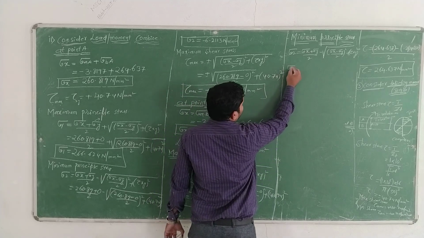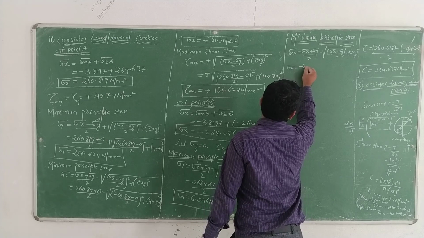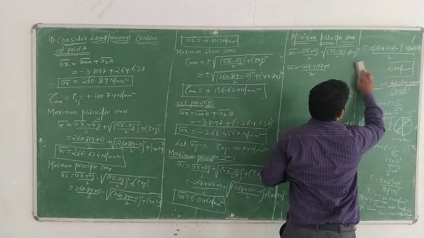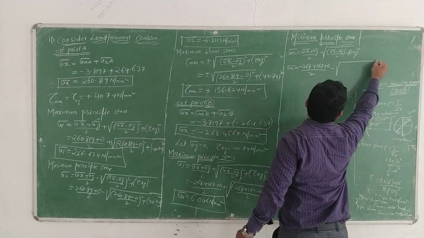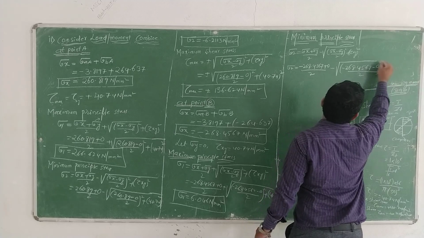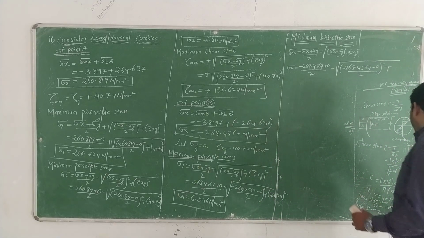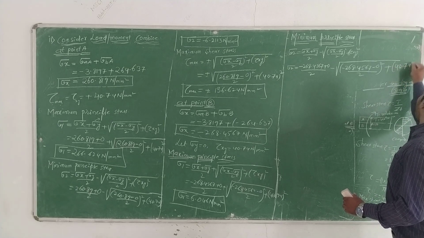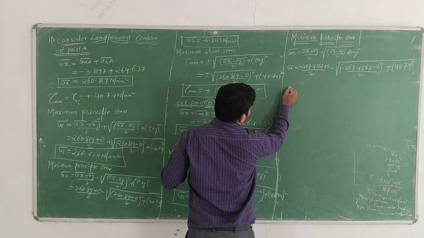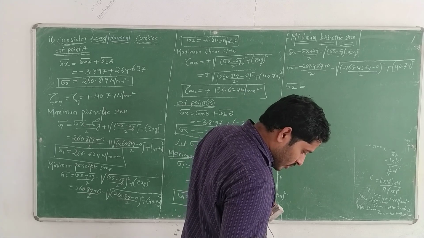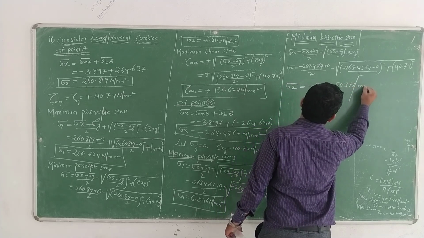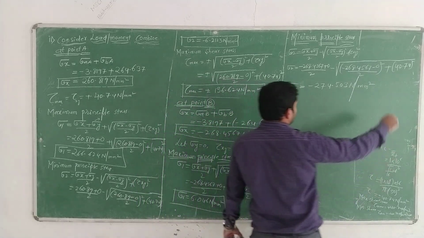Okay dear, sigma x value is minus 268.4567 plus 0 by 2, minus under root of minus 268.4567 minus 0 by 2 whole square plus tau xy, 40.74, whole square. Then if you calculate this value with the help of calci, you will get sigma 2. I am getting the value minus 274.503 Newton per mm square. That is the value of minimum principal stress.